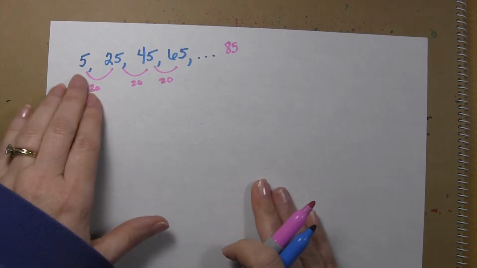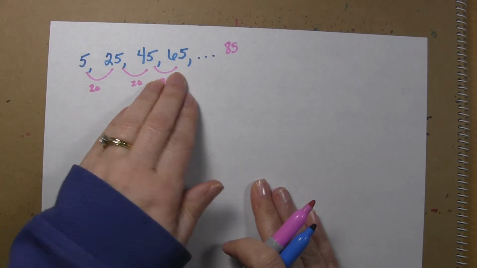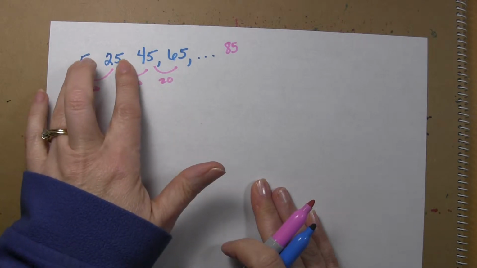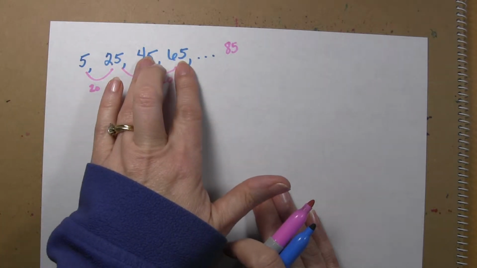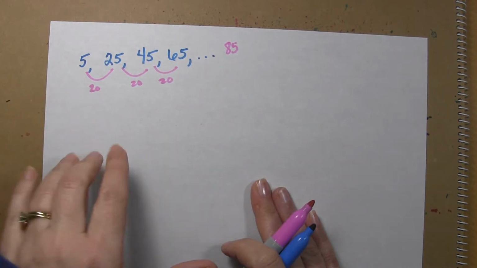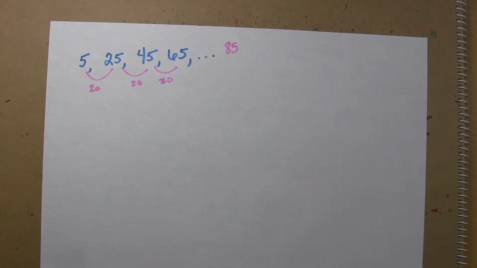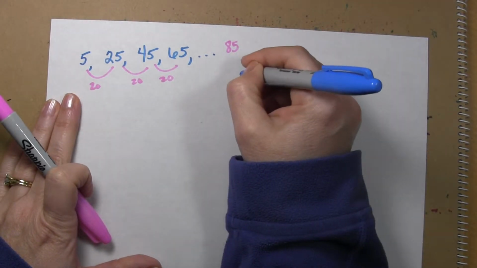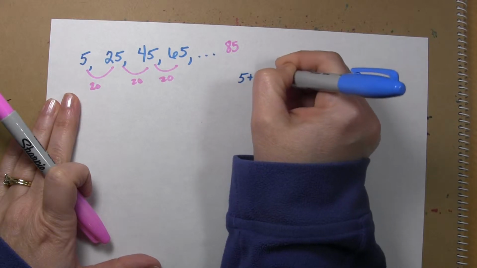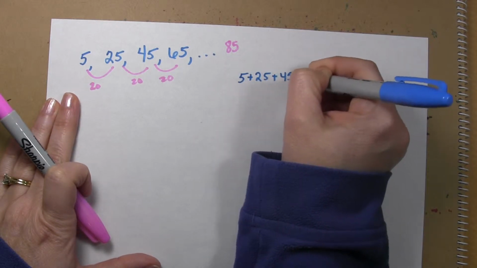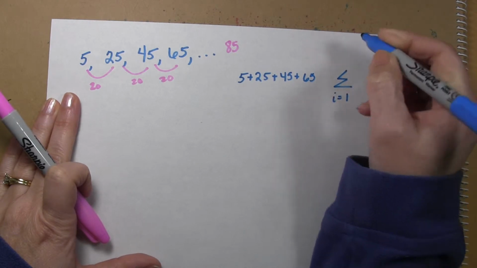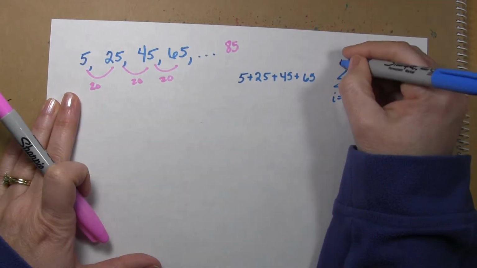Okay, so as long as you're moving up or down by the same amount each time, in other words, the distance between these terms is always the same, that's how you know it's an arithmetic sequence. Now this one, if we wanted to add them together, 5 plus 25 plus 45 plus 65, then we would use our summation notation, 1, 2, 3, 4.